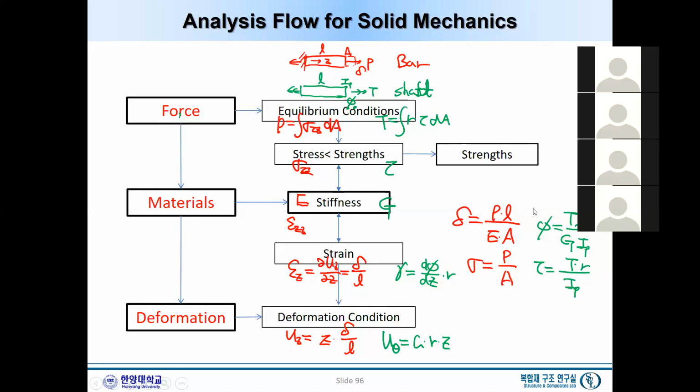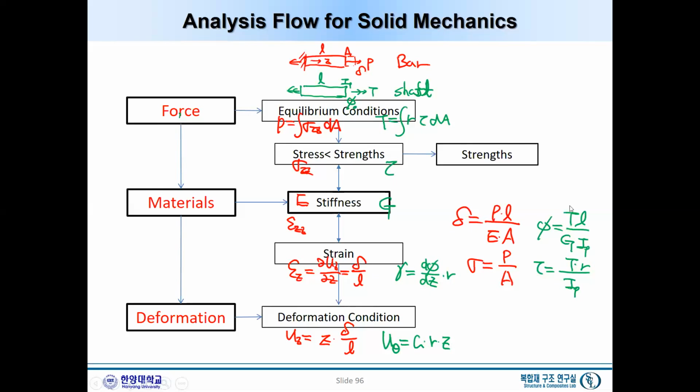And for the shaft, the rotational angle phi is given as the torsional load T and L divided by G and IP. And stress is simply force divided by A, and shaft shear stress tau is torsion T times R over IP. So again, there is a very similar analogy between those two theories.